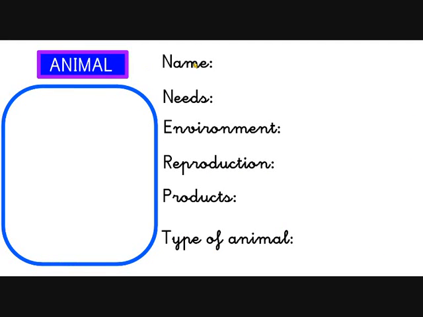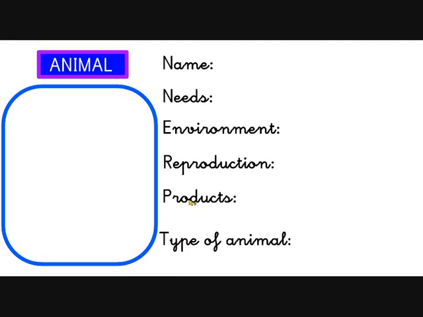The animal's sheet will be like this. You need to put the name. For example, if it's a hamster: hamster name, hamster needs. Environment, where does it live? Reproduction, is it born from an egg or is it born from its mother? The products that we get from this animal.